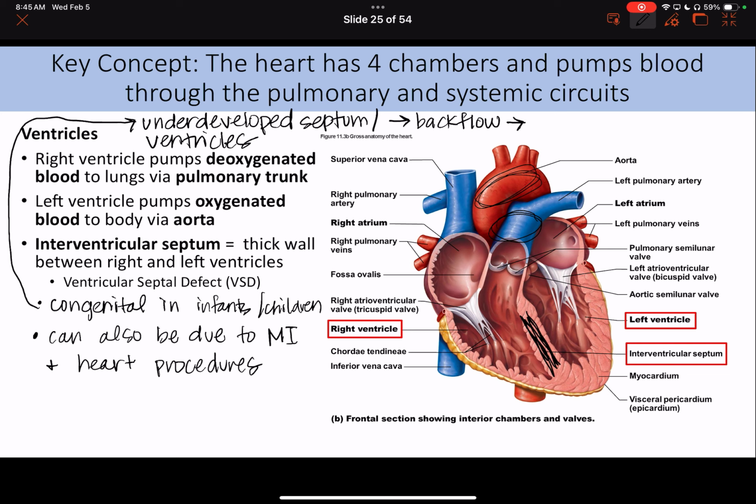And that's going to lead to all the same symptoms or conditions as the atrial septal defect. So that can lead to heart failure, again, pulmonary hypertension, arrhythmias, and stroke.